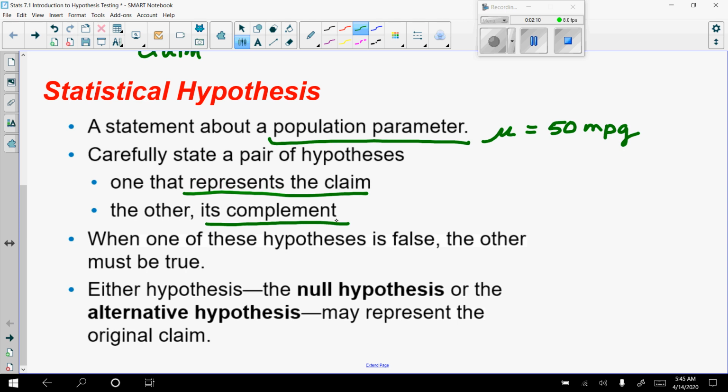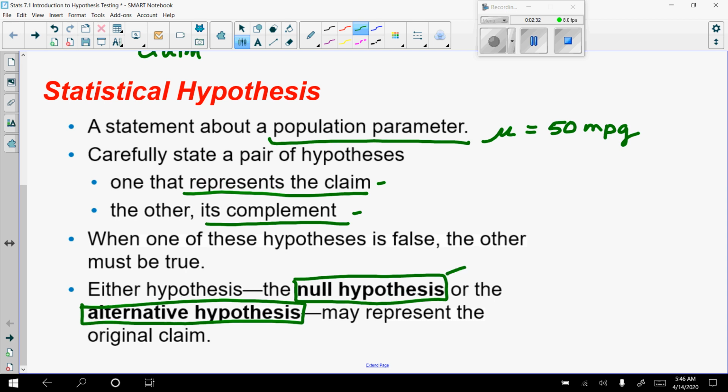Those are the null hypothesis and the alternate hypothesis. Since one is the claim and one is the complement, only one or the other can be true. They cannot both be true at the same time.